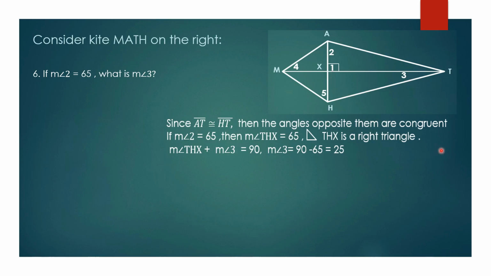So therefore, the measure of angle 3 is equal to 90 minus 65. And 90 minus 65 is equal to 25. So therefore, the measure of angle 3 is 25.